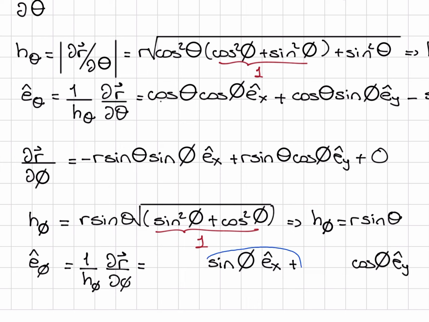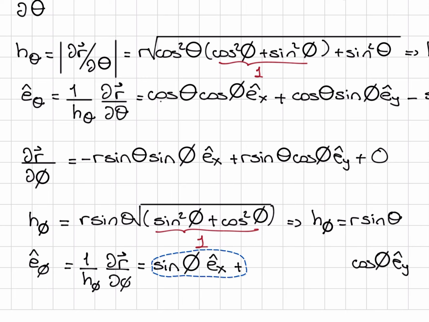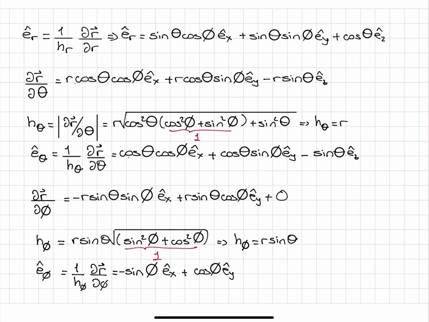So the answer is sine phi, but there was a minus sign here, so minus sine phi ex hat and plus cosine phi ey hat. This is our unit vector.